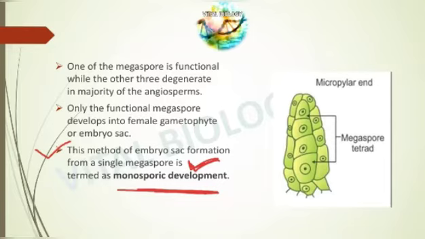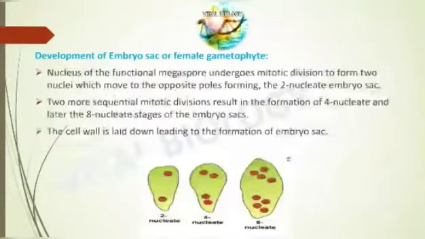But here, if the embryo sac is formed by only one single megaspore, then it is called monosporic development.